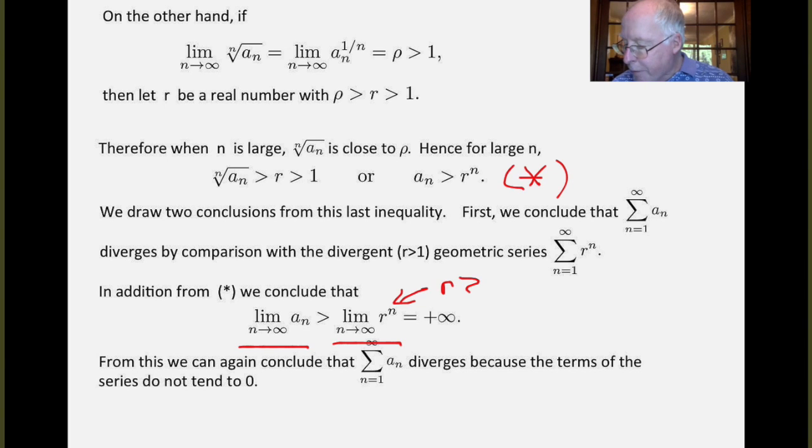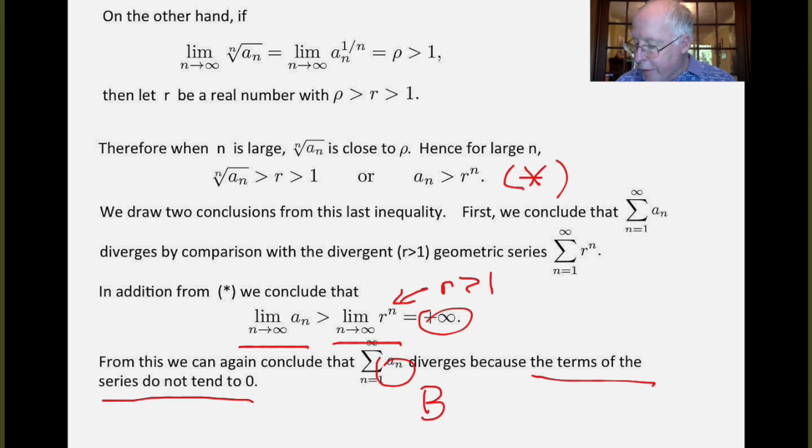But again, if r is bigger than 1, you raise such a number to a huge power, you get infinity. So that shows us that, in fact, the terms of the series are not even going to 0. The things we're adding up here are getting big. And so that gives us divergence by the nth term divergence test.